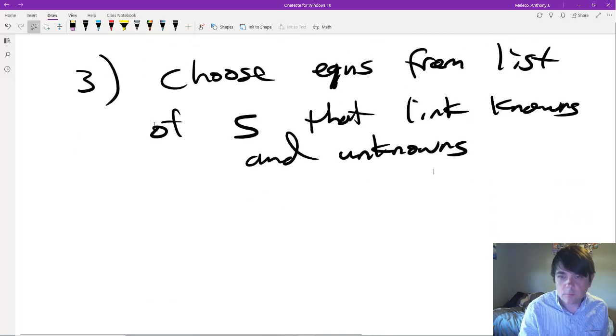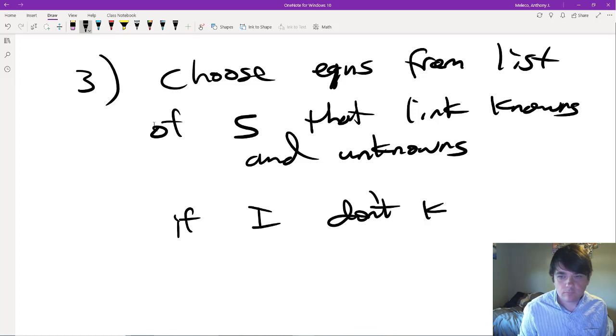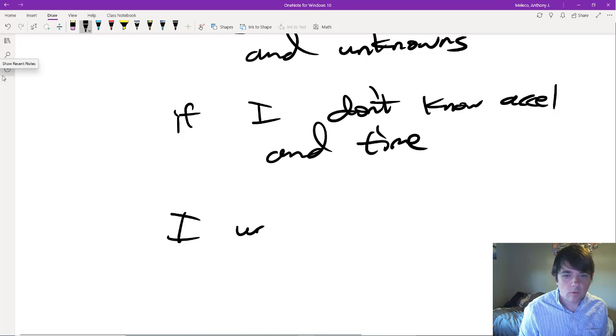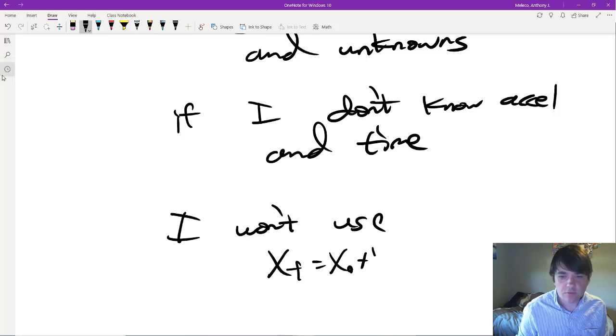For example, if I don't know acceleration and time, I won't use, generally, this equation, right?